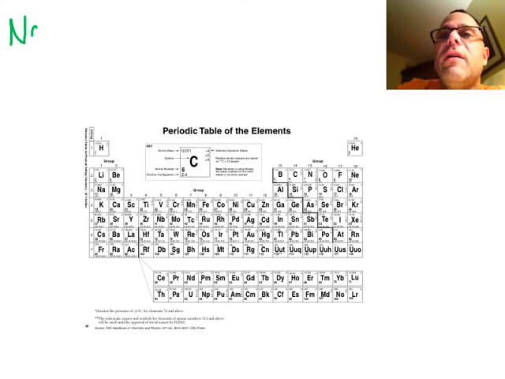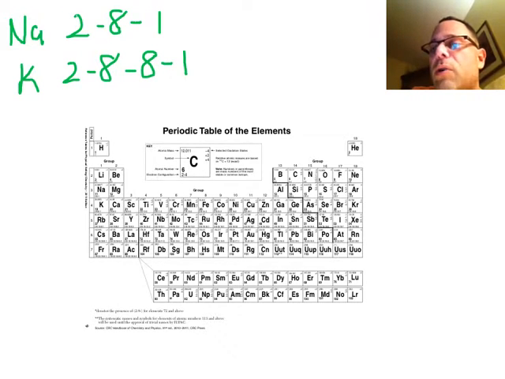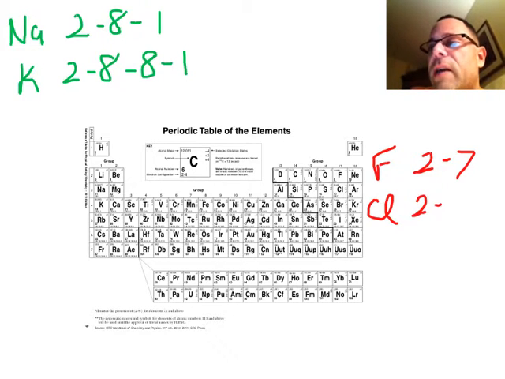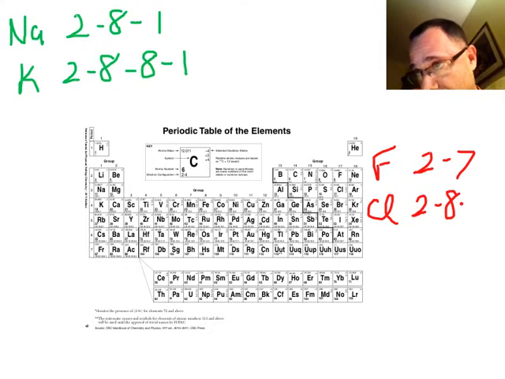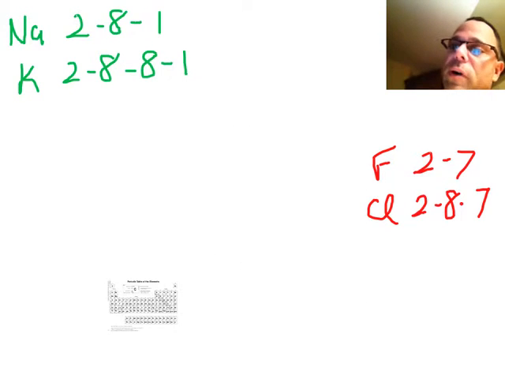Sodium from the last slide was 2-8-1. Potassium, which is just beneath it, must be 2-8-8-1. I'll also put down here in the lower right, fluorine was 2-7, while chlorine then must be 2-8-7. All right, let's get this out of our way.